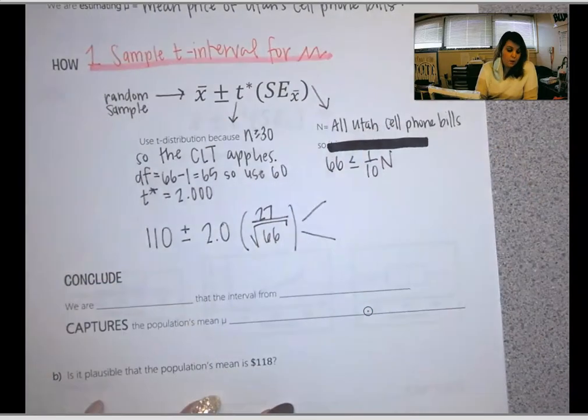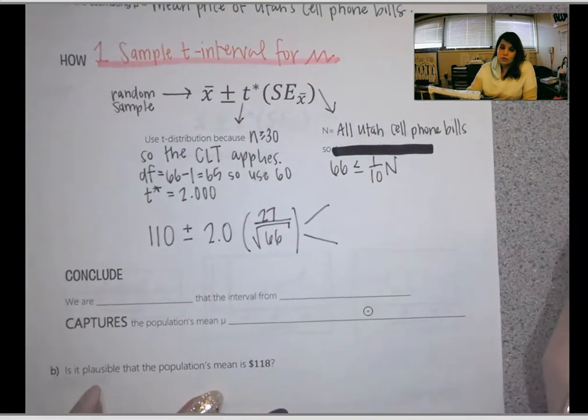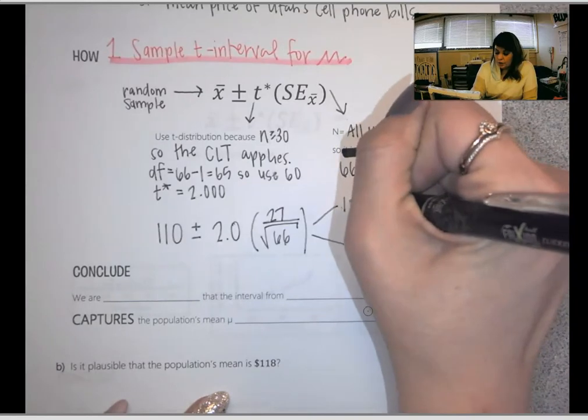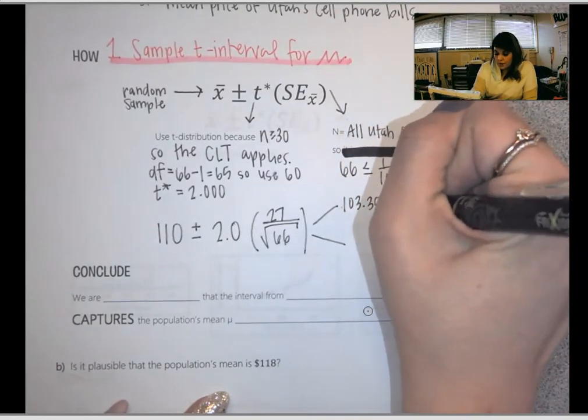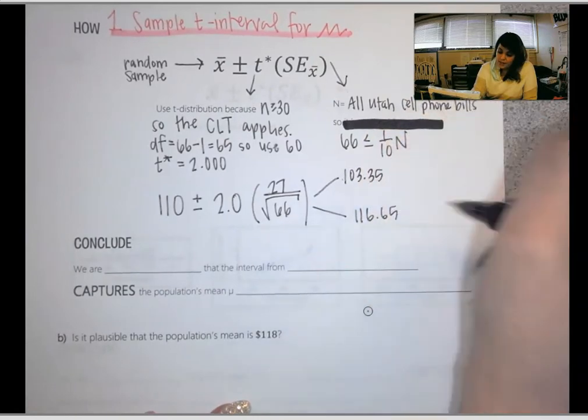You guys pause the video and actually find these values. Pause and really find them. Your lower bound is 103.35 and your upper bound is 116.65.